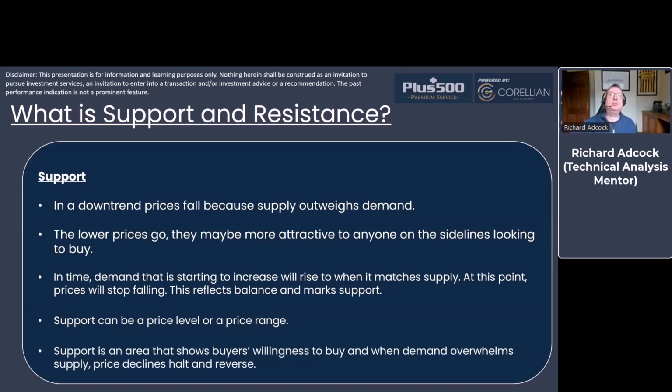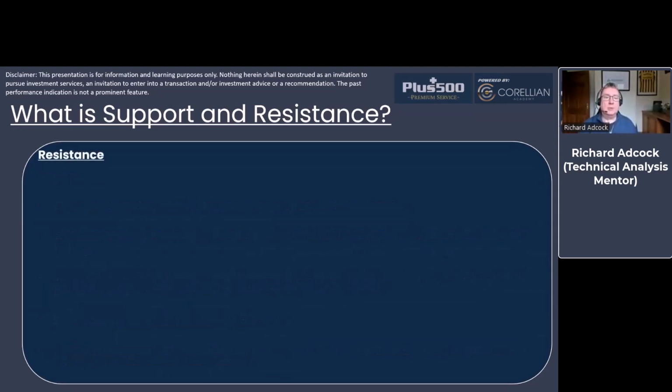And that shows the buyers' willingness to get long of a stock or asset. And if that demand overwhelms supply, that's when we start to see the decline being halted, reversal, and price developing into strength. So the support point has prompted that fresh upside.